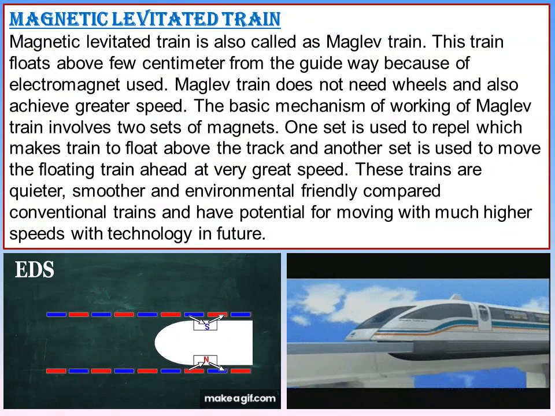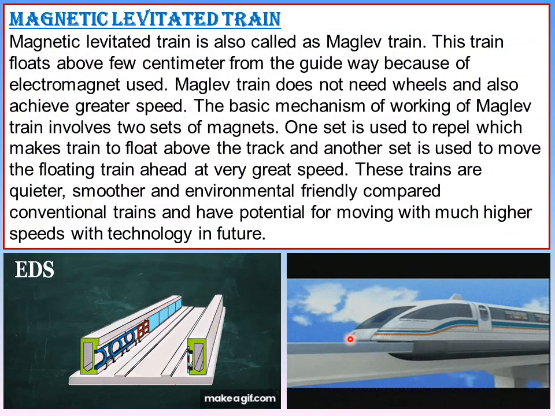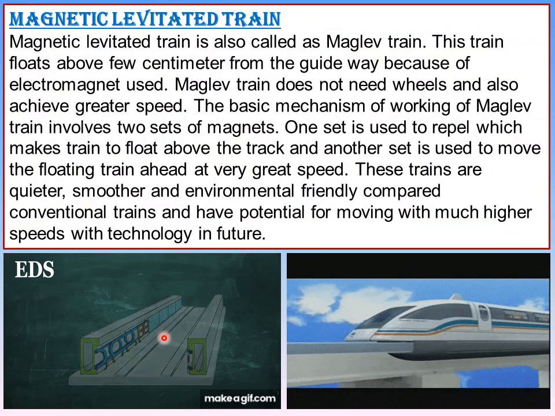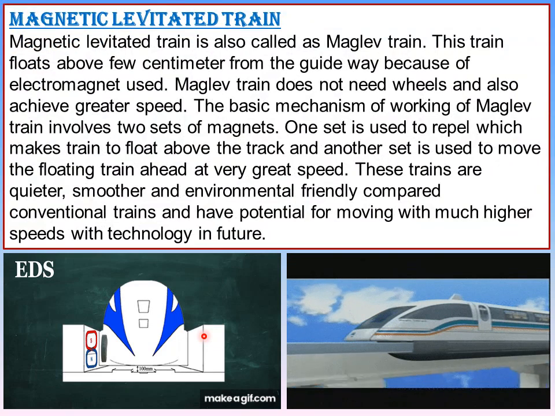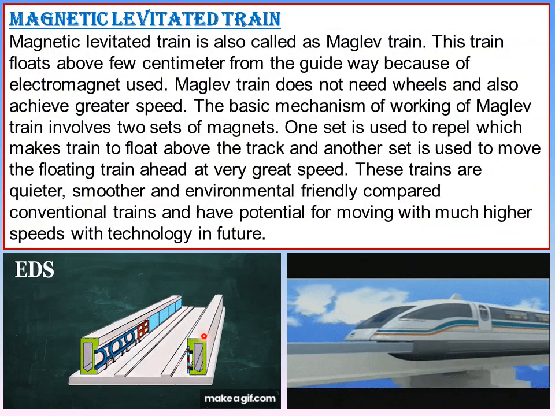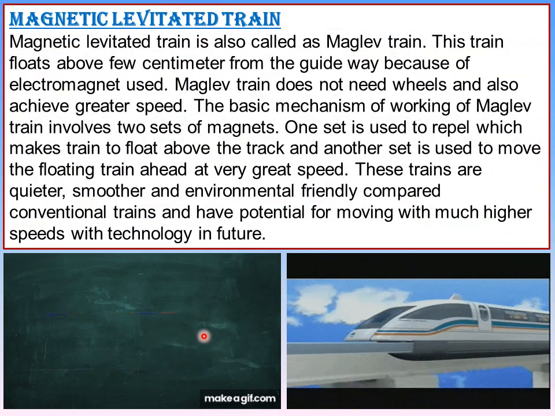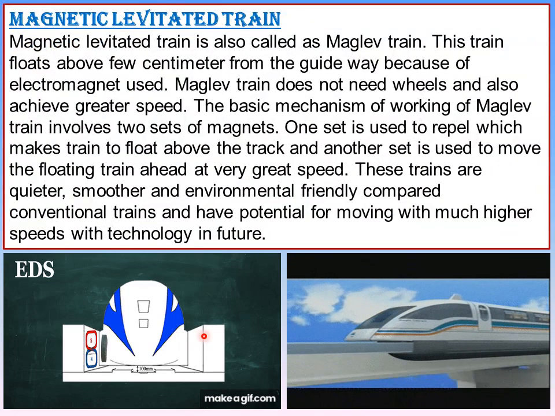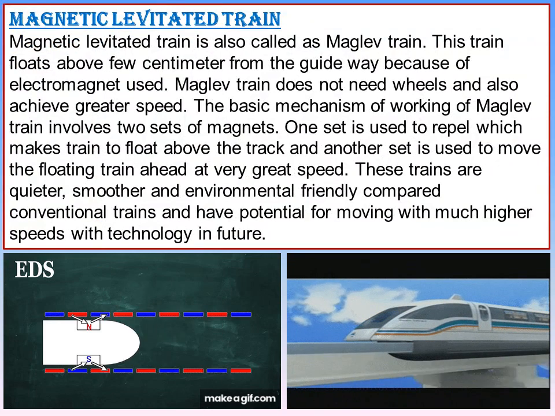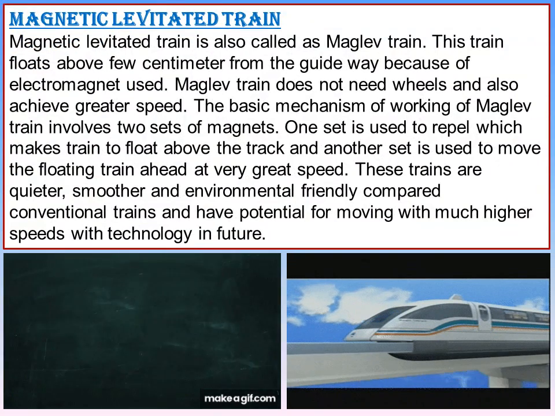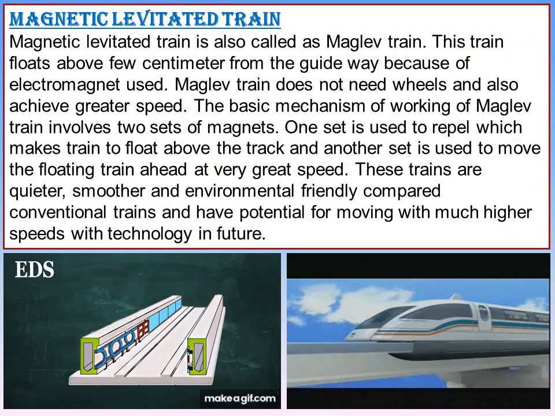Another set is used to move the floating train ahead at a very great speed. These trains are quieter, smoother and more environmentally friendly compared to conventional trains and have the potential for much higher speed with technology in future. And in India we are going to install these maglev type trains in the near future, probably after 5 years.